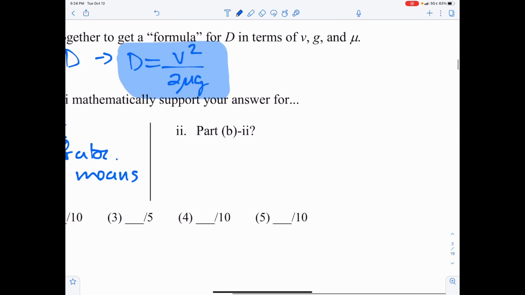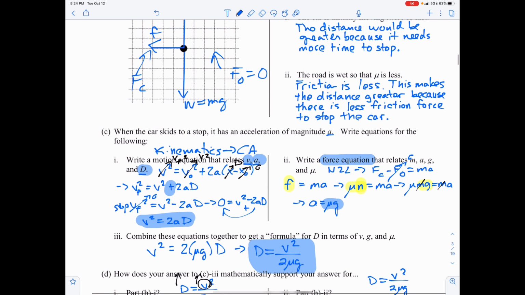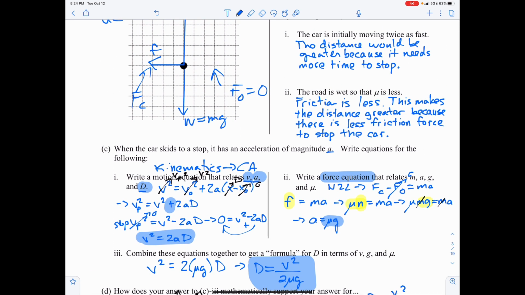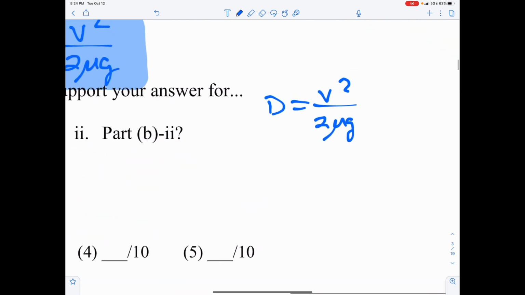Okay, and on the next part, again, analyzing the exact same equation, v squared over 2 mu g. If we look back at part B2, when the road is wet, you have less friction, so you have less force to stop the car. Therefore, you're going to have a greater distance as well. So if the mu is less, the denominator is less. And when the denominator is less, the whole fraction is greater.